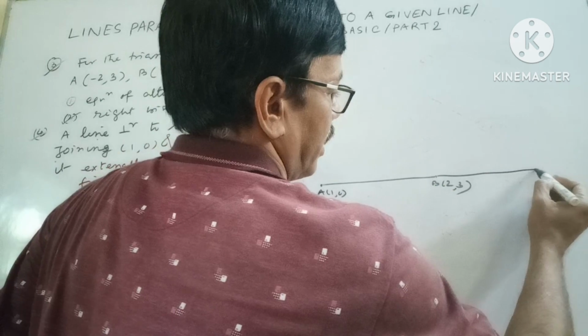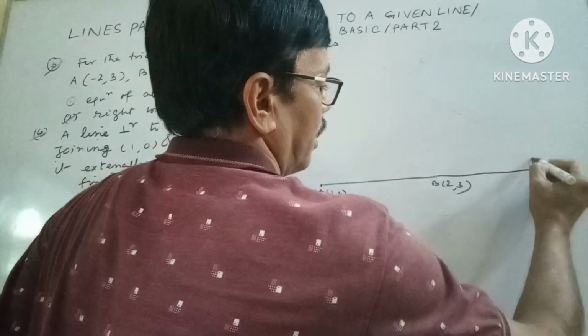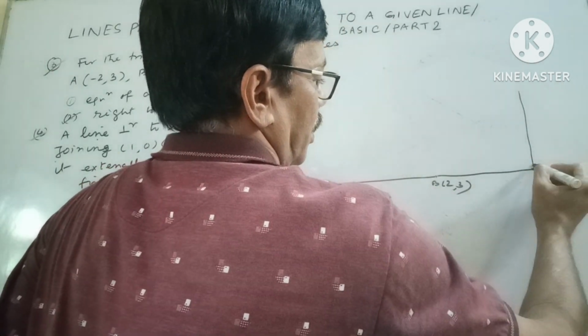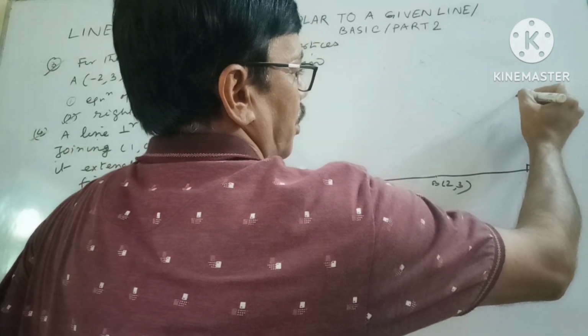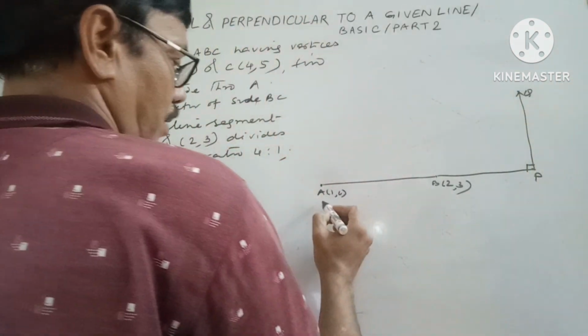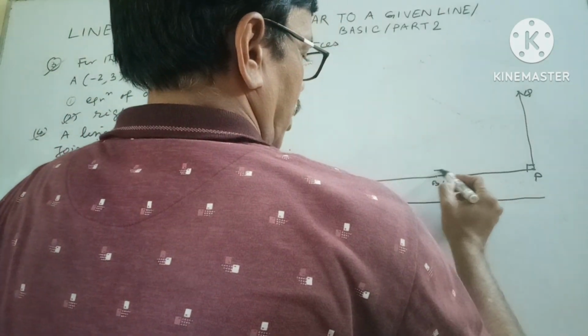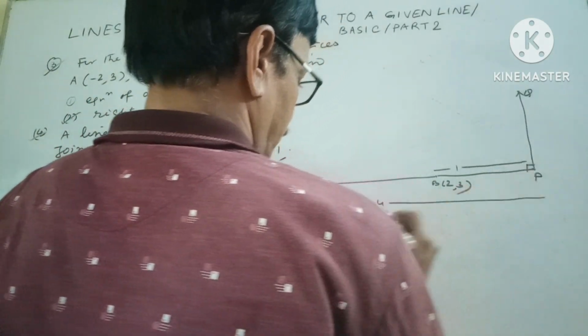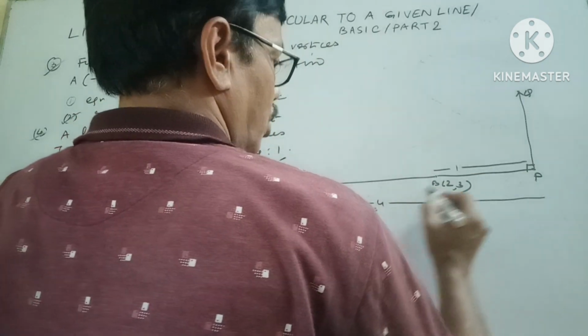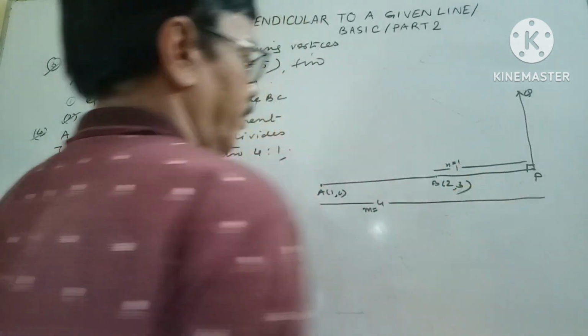So the point is external. This is P, suppose this is PQ. External 4:1, this one is 4 and this one is 1. So m equals 4, n equals 1.